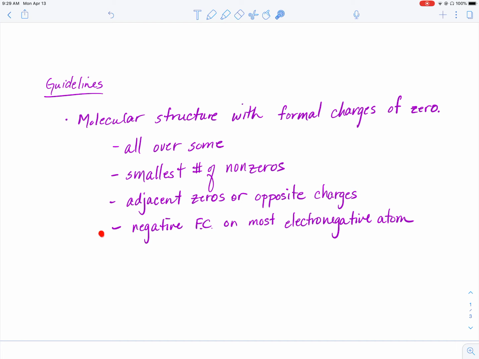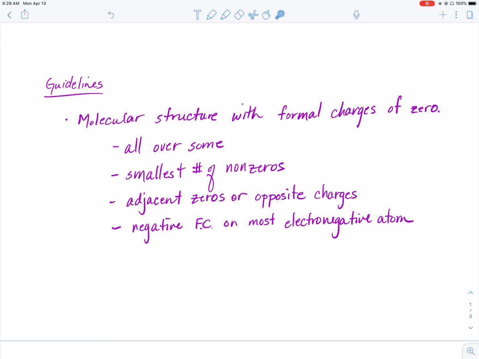Preferably, and you can rank these from the top to bottom, the top being the most preferable way that formal charges could be utilized to predict a structure, is that all over you have a formal charge of 0. And then if you happen to have a structure that has some non-zero formal charges, you want to try to have the smallest number of non-zeros.